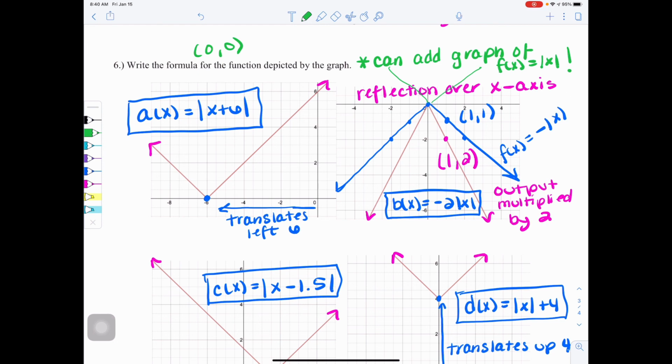I used 1, 1 on negative absolute value of x, and I compared it to what the output would be on the actual graph we're trying to write the equation for, and I get a coordinate of 1, 2. So you can see that the outputs were multiplied by 2. That tells me I need to multiply by 2 on the outside. So b of x equals -2 times the absolute value of x.